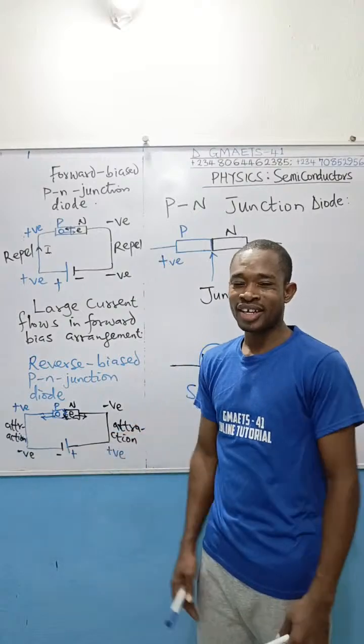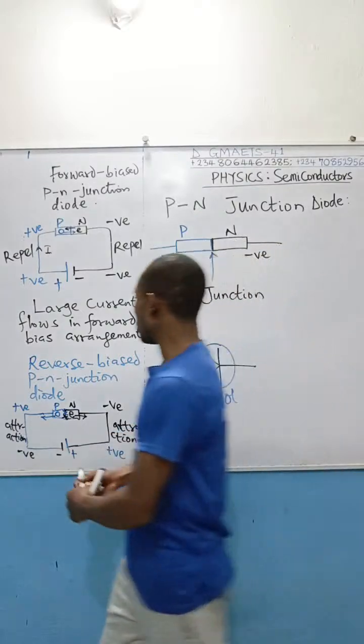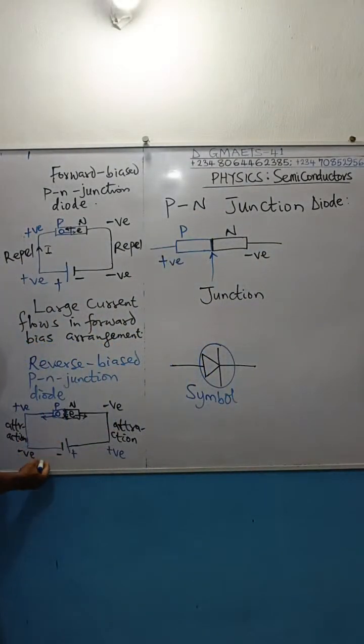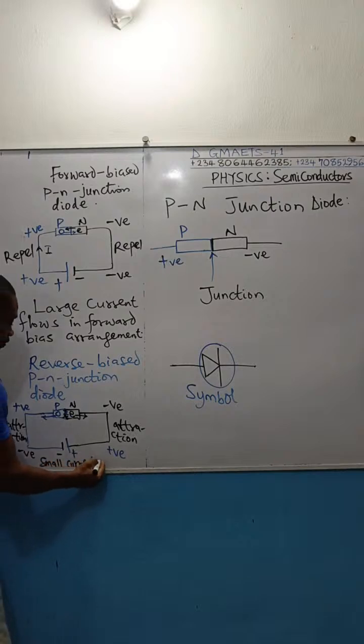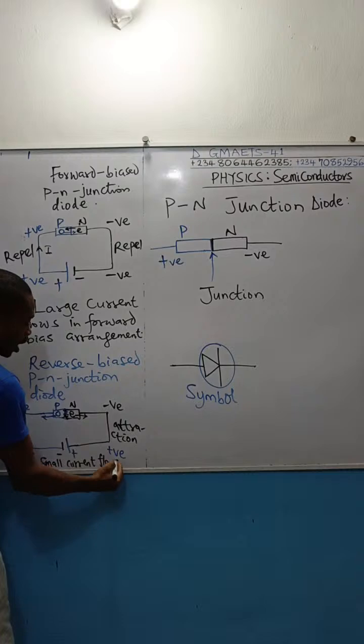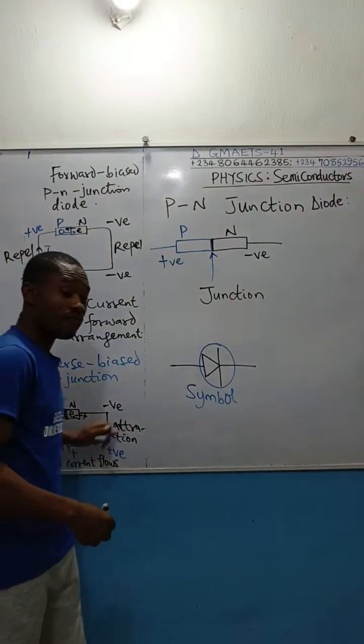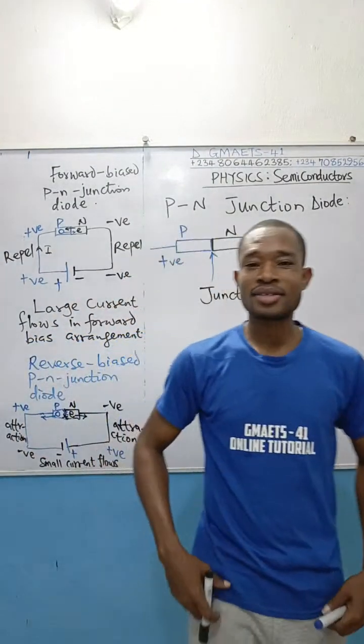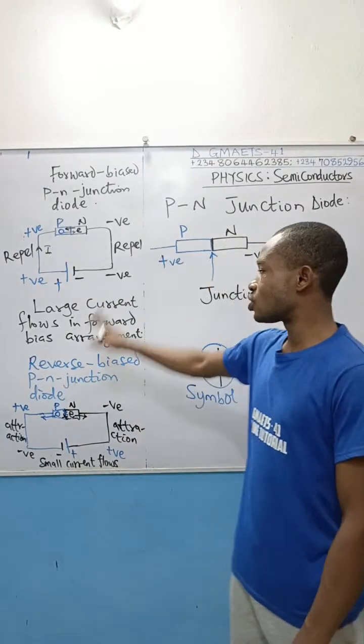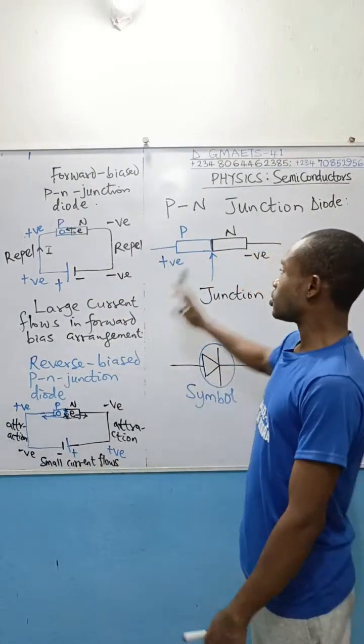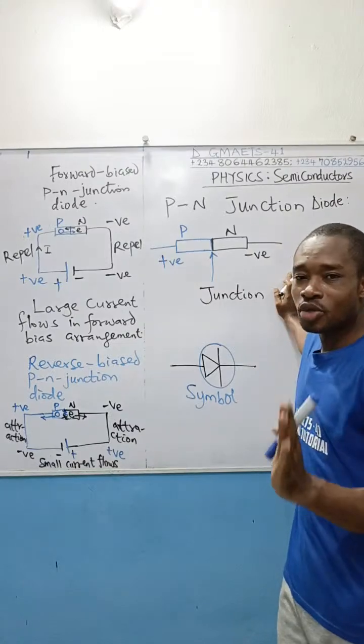It won't allow enough current to flow. So I would write here that small current flows across the junction in this reverse biased arrangement. So this is what you should know about PN junction when it comes to preparing for exam.